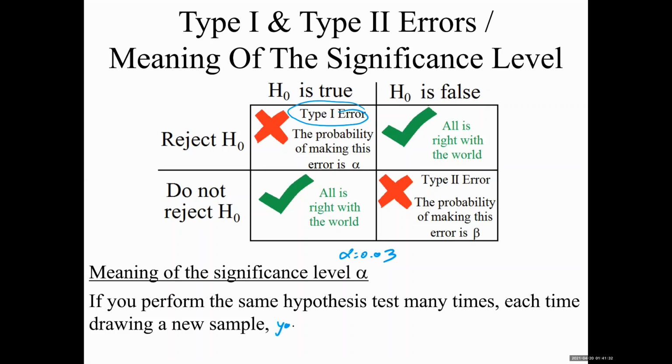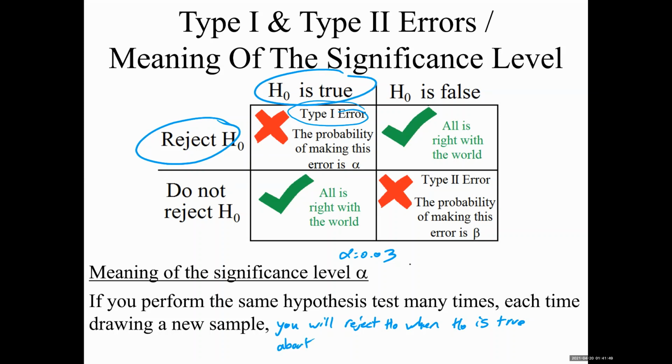So you're going to write, you will reject H0 when H0 is true. Again, that's a type 1 error. You'll reject H0 when H0 is true about, and then you got to just change this number to a percent, about 3% of the time. Okay. You reject H0 when H0 is true about 3% of the time.